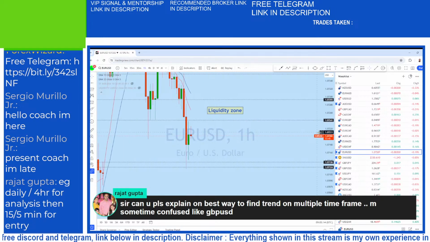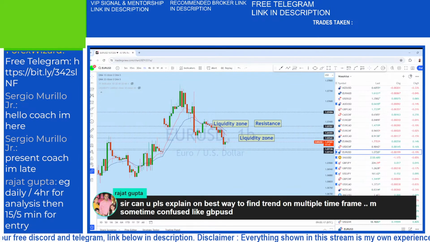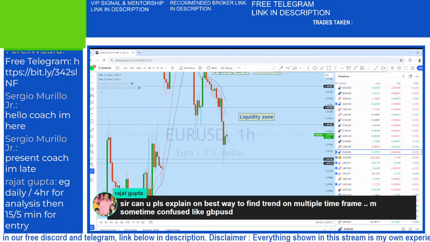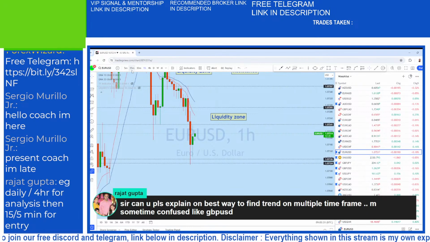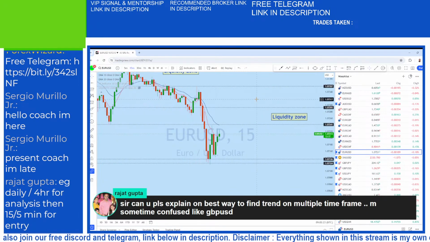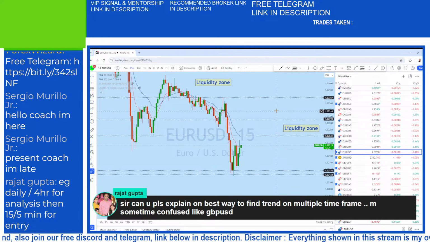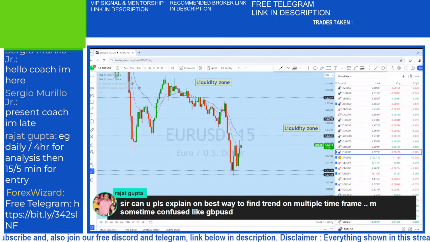For me, it's still not a very good price action for selling. Let's keep the chart still on the 15 minutes. If the market is going up to any of these important levels, we can look for entry.